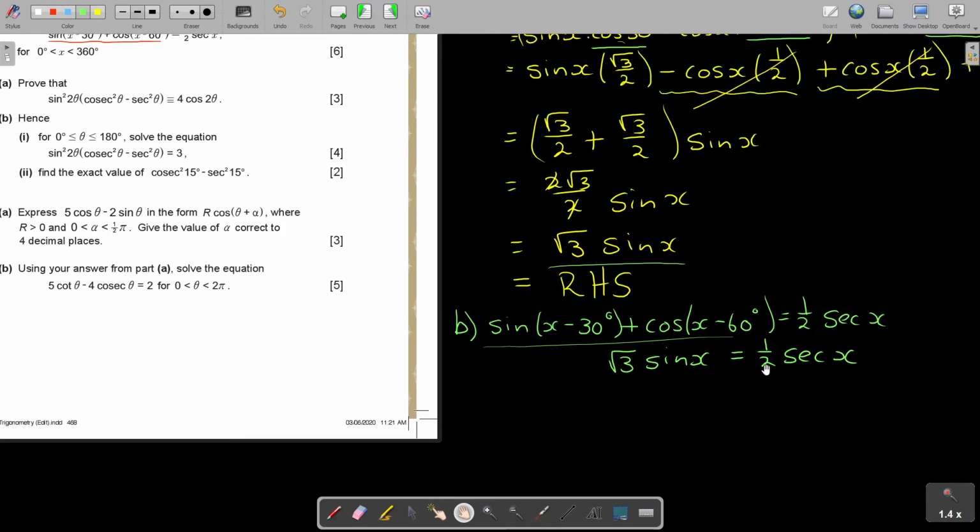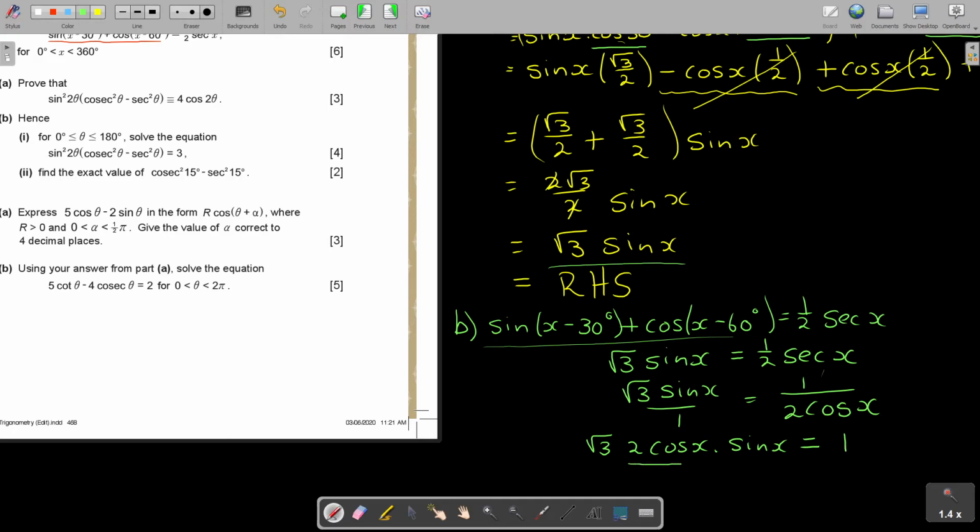I don't want to work with sec, so let's go square root 3 sin x, put it over 1, and let's move that to cos x. Do you see that? Then I can cross multiply. So I end up with square root 3 cos x sin x is equal to 1.